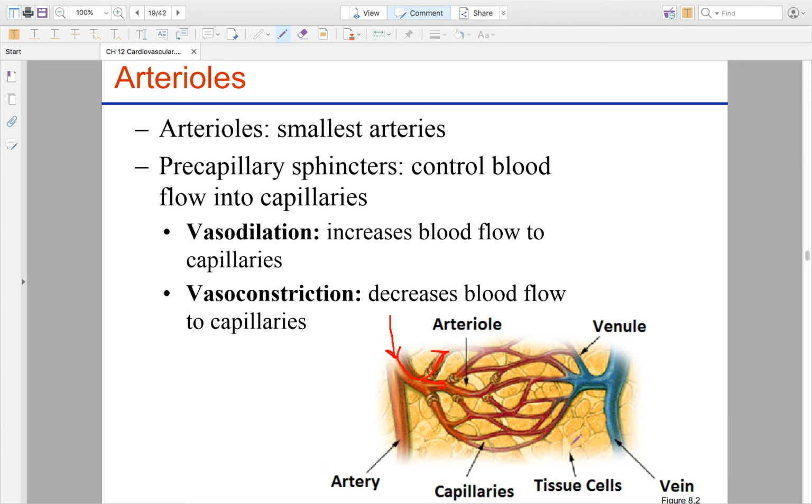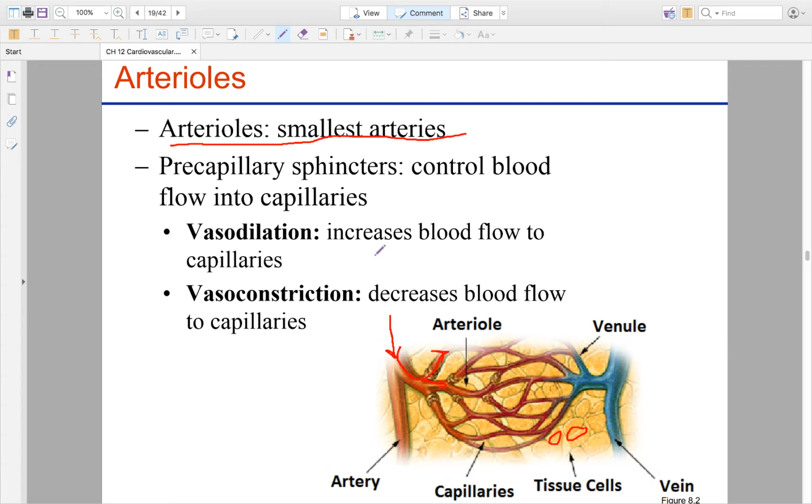And see in this picture here, these are cells. Now, arterioles are the smallest arteries.